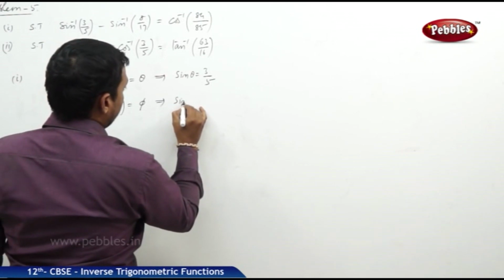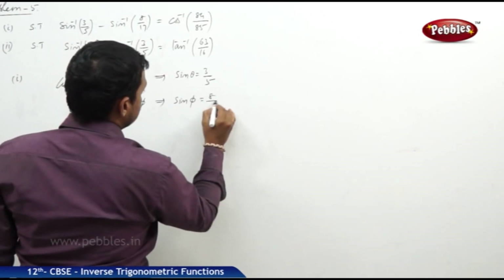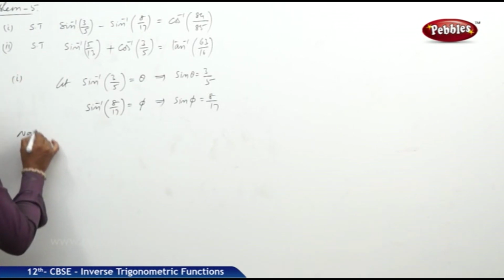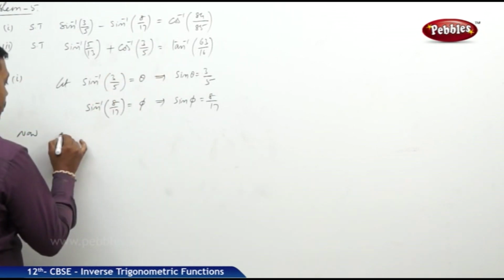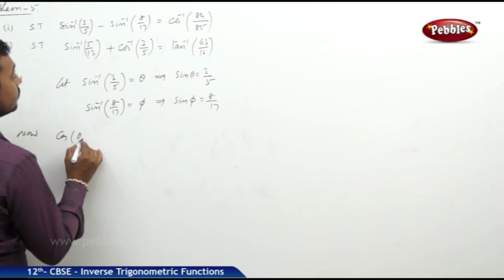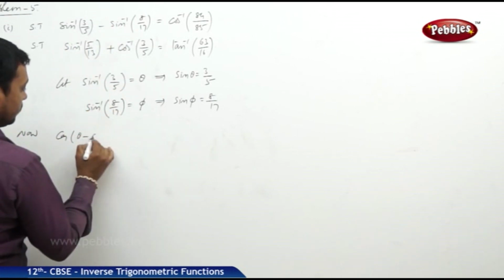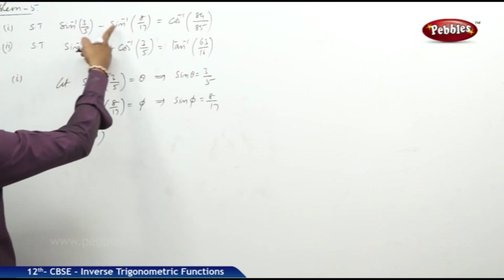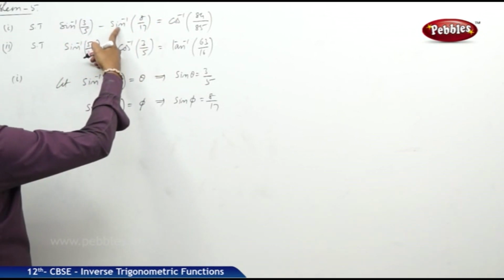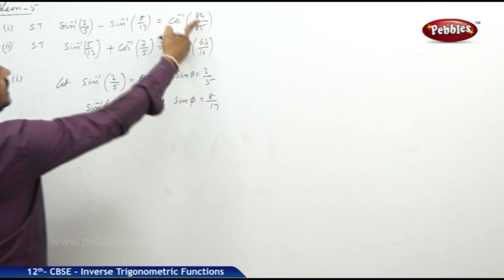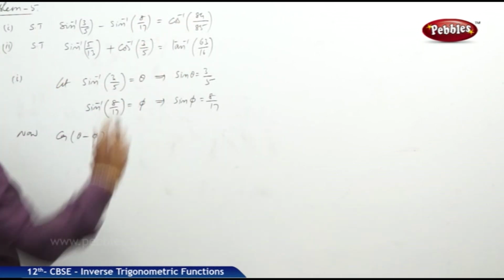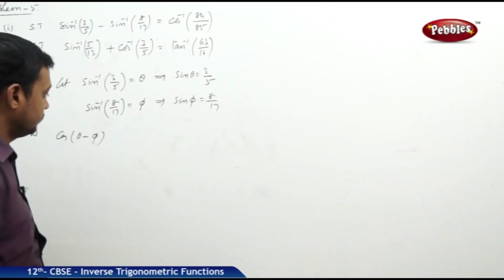This implies sin phi is equal to 8 by 17. Now let us take cos of theta minus phi. If we consider cos of theta minus phi and it is proved to be 84 by 85, then theta minus phi is equal to cos inverse of 84 by 85.